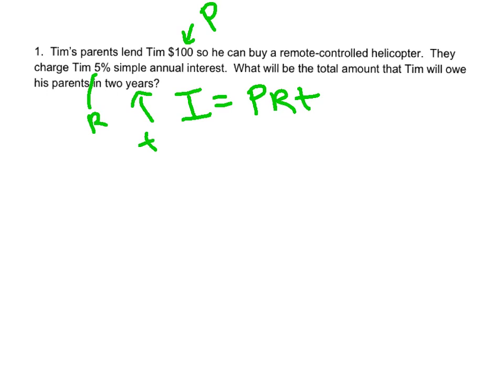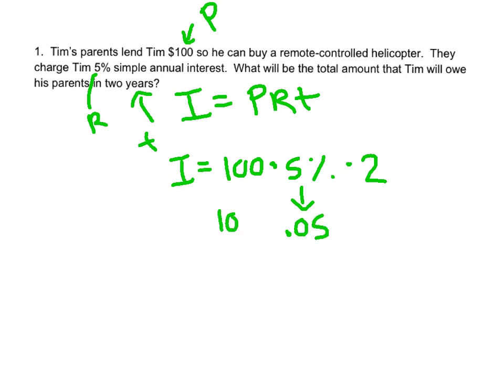So when I substitute this into the equation, I have simple interest, or the extra amount he has to pay, will be 100, which is the principal, times the interest rate, which is 5%, times 2 for the 2 years. Now, as you remember, when we have percents in a problem, we always want to change them to a decimal. So I'm going to rewrite this as 100 times 0.05 times 2.